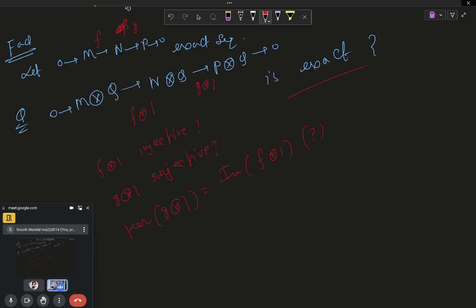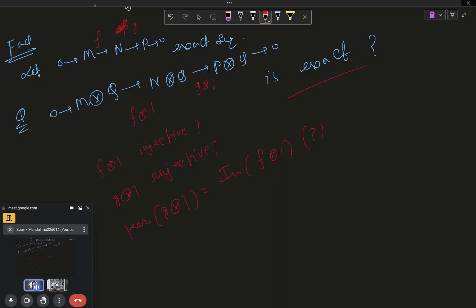This is what we need to check, right? Here Q is any module. So the question is, suppose we have a given exact sequence. After tensoring with another module, will the resulting sequence be exact or not?